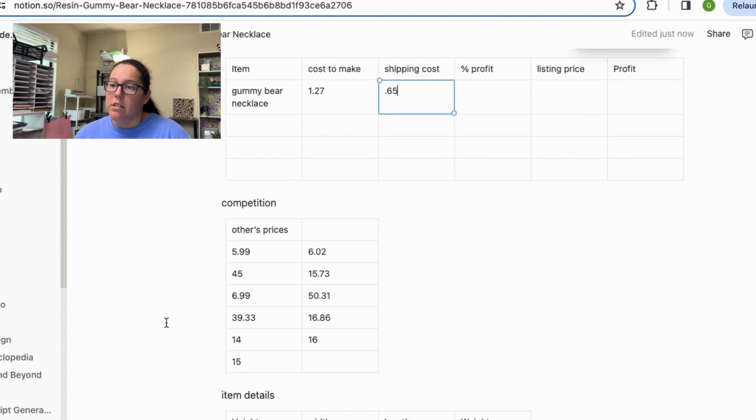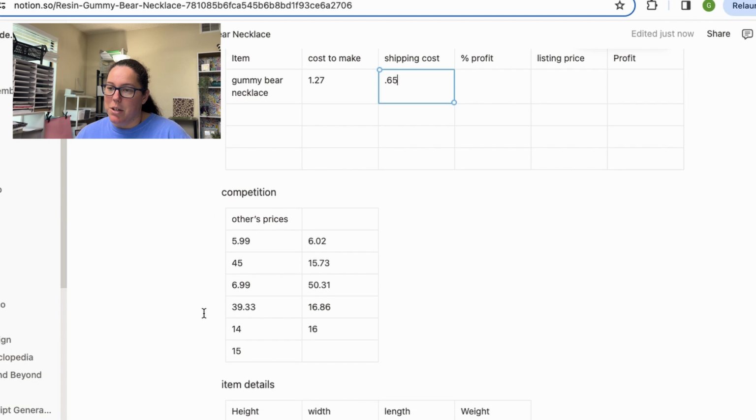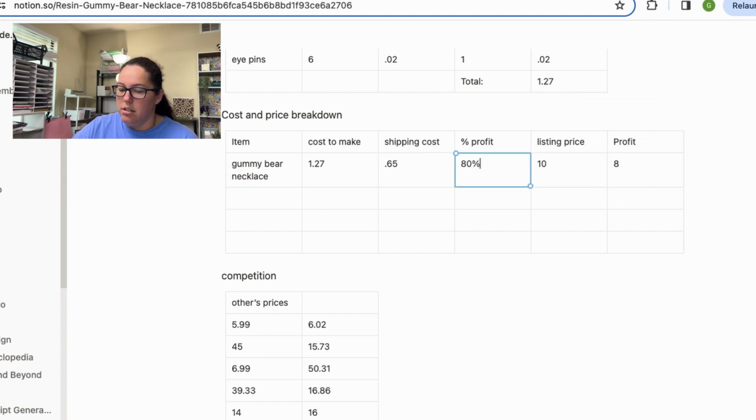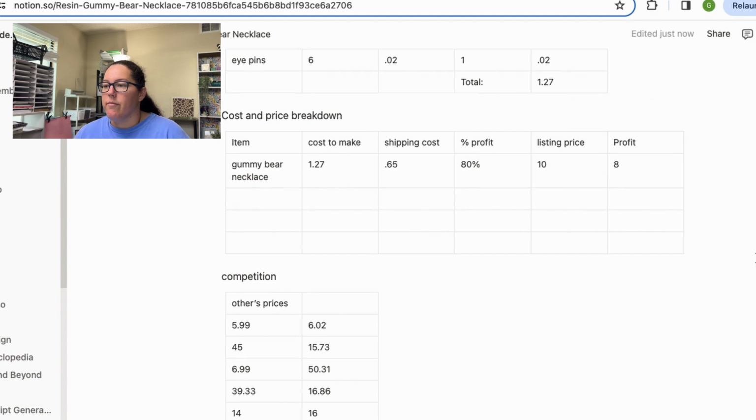And this is where the competition pricing goes in. And for what this looks like, it honestly looks like $10 could be good. So if I do $10 and it costs $2, that's $8 profit, which means it's 80% profit.